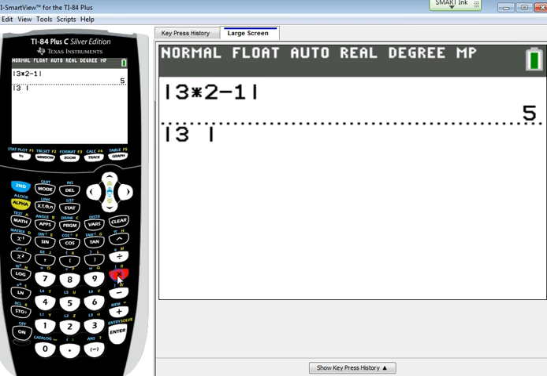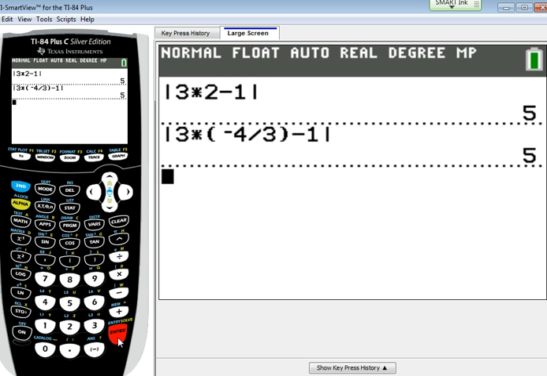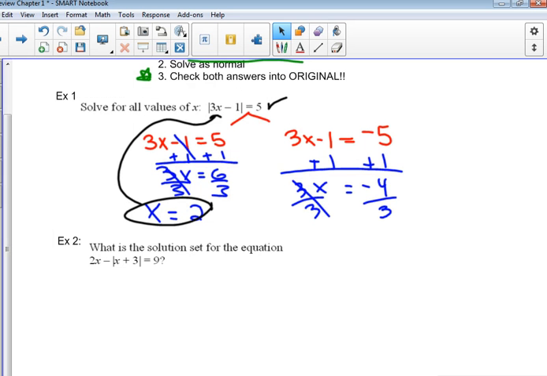So 3 times, make sure with your fractions you put parentheses around negative 4/3, and then minus 1. Does that one work? Yeah. So these both work. It's a cool little, quick way to check.